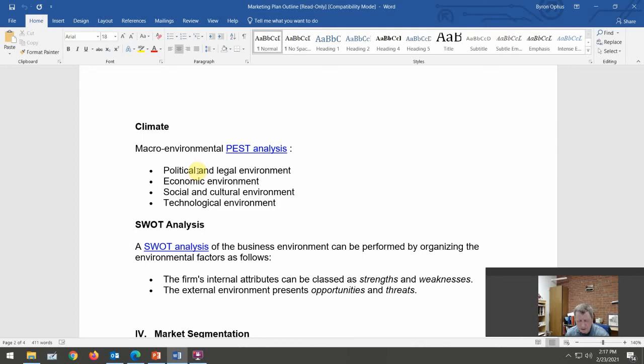The political environment towards firearms is going to change drastically over the next couple of years. Will it affect that? Right now it's making demand go up like crazy. Okay, but could there be some interference by our political leaders? Yeah, maybe, right? So you need to think about those things.